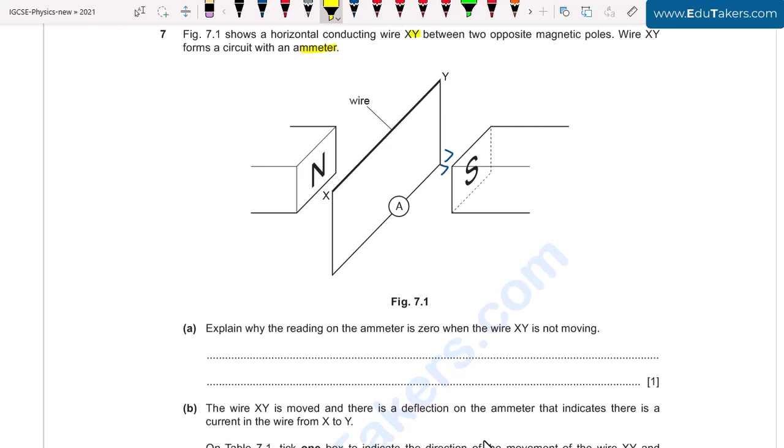So in the figure 7.1, there are two poles, north pole and south pole. These are the poles of a magnet and it forms the magnetic field. We know that the magnetic lines of force point from north to south direction. So I am going to draw the magnetic lines of force there. It starts from the north pole and ends at the south pole.